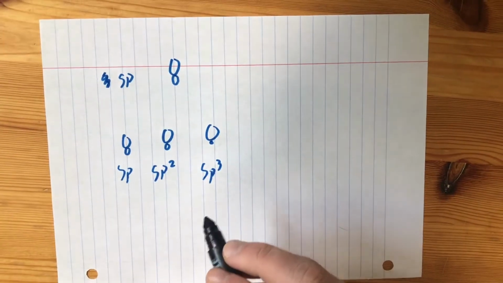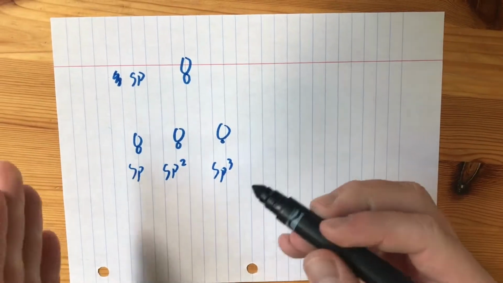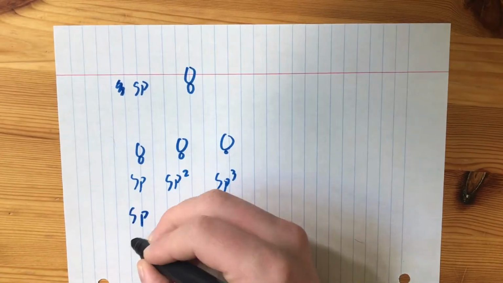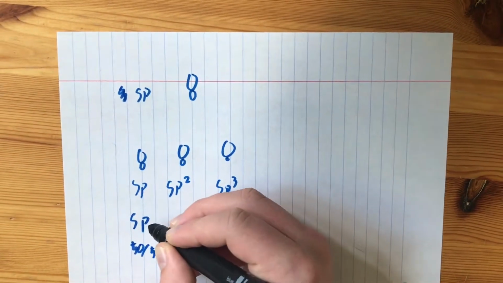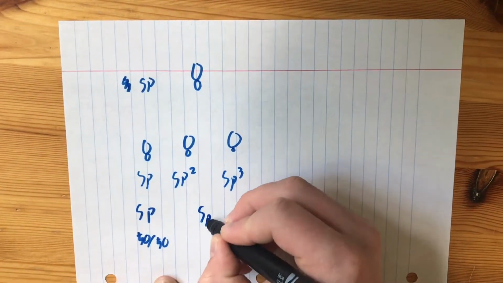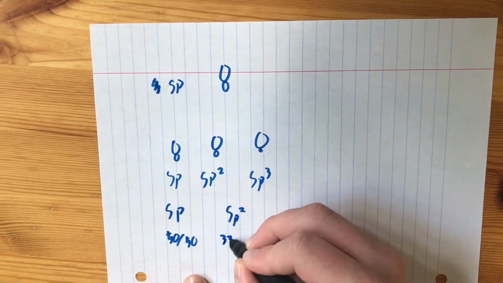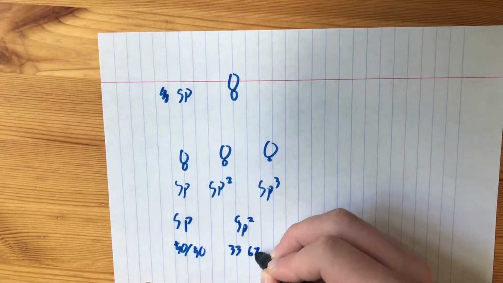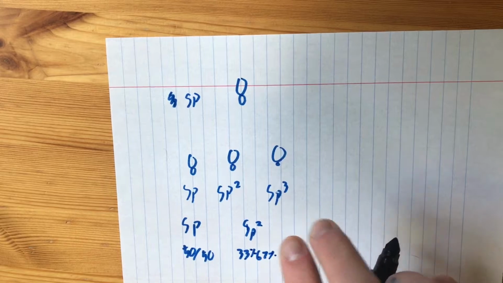Now, each of these also has different percentages of each orbital that's in the hybridization. So for sp, since there's only one s and one p, it's going to have 50% and 50%, because it's 1 and 1. In the sp2, it's going to have 3 total, so it's going to be 33% s and then 67% p because there are 2.